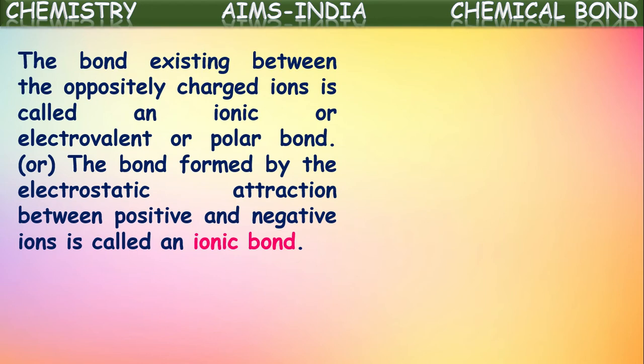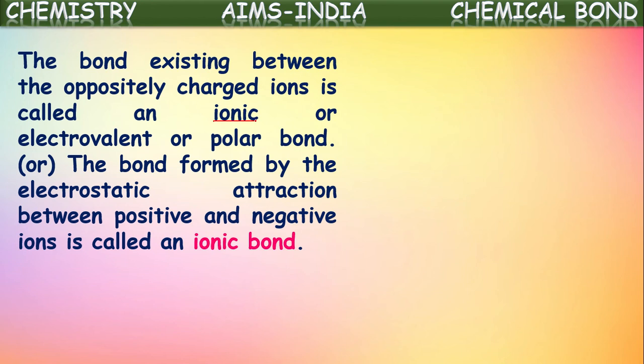The bond existing between the oppositely charged ions is also called electrovalent bond or polar bond. It is also defined as the bond formed by the electrostatic attraction between the opposite positive and negative ions is called ionic bond. So see here how many definitions are given for the ionic bond formation.